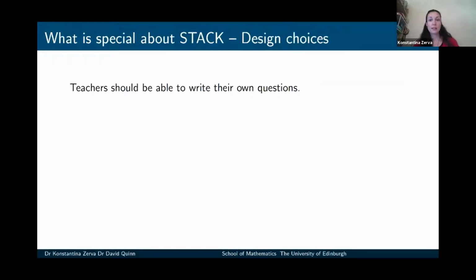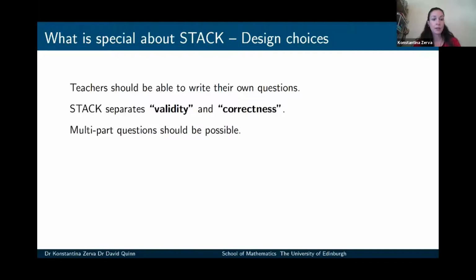STACK has a lot of design choices. Teachers can write their own questions with minimum coding skills. STACK separates validity from correctness, so if the students put an invalid answer, they won't be penalized for that. Multi-part questions are possible to generate, and STACK is very rich in features.